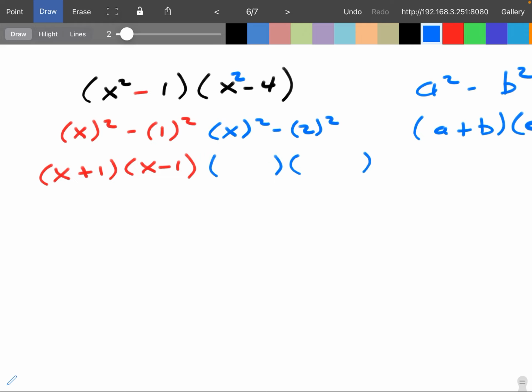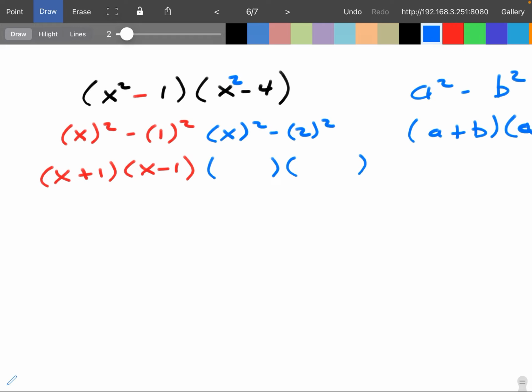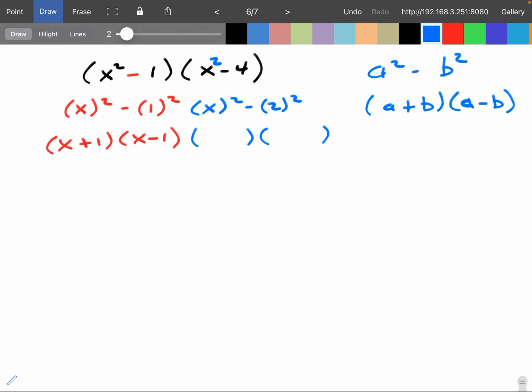So what would that factor into then, you guys? If you have x squared minus 2 squared, what would it be? X minus 2, that would be one of them. What's the other one? Yep, the other one's x plus 2.